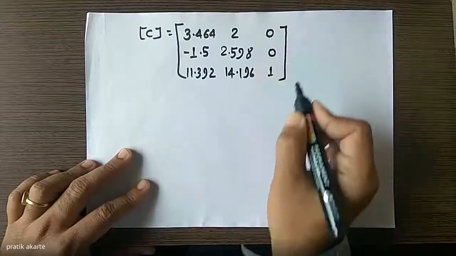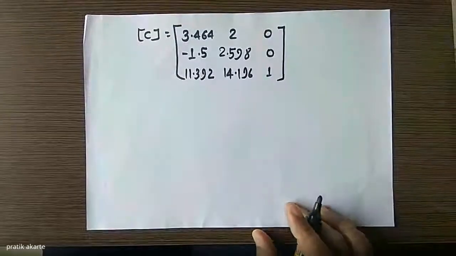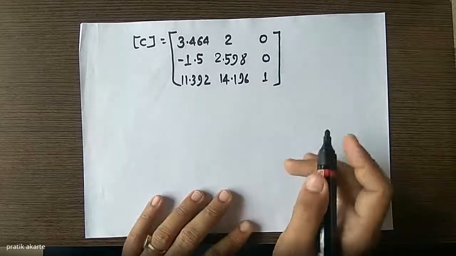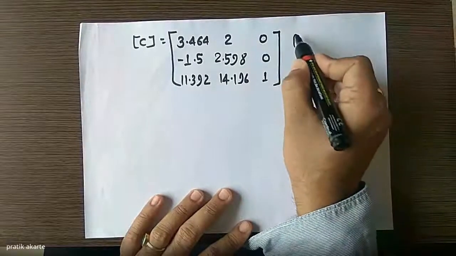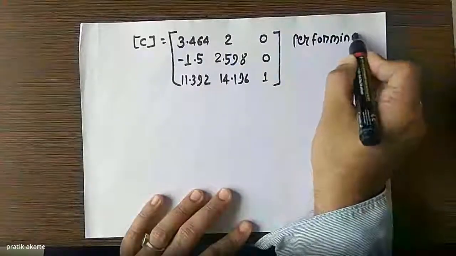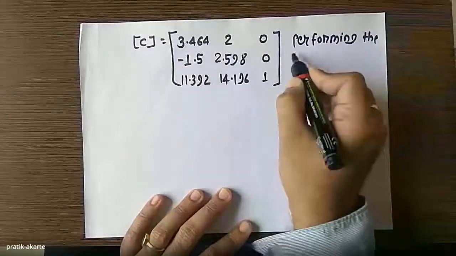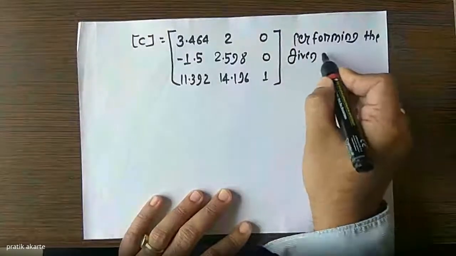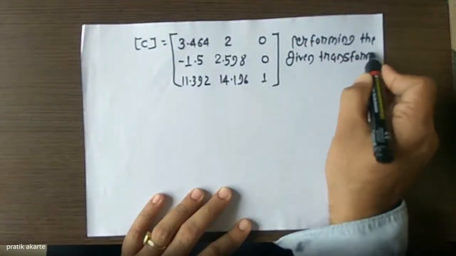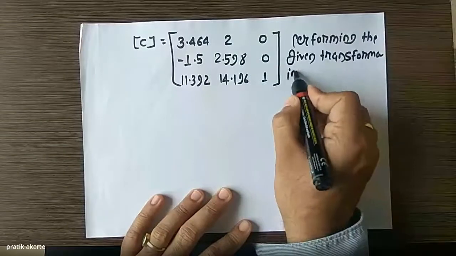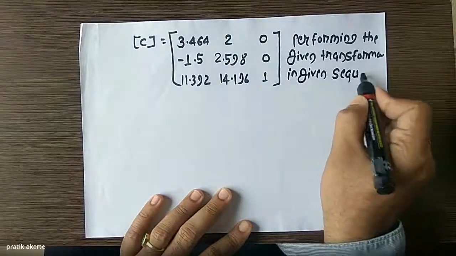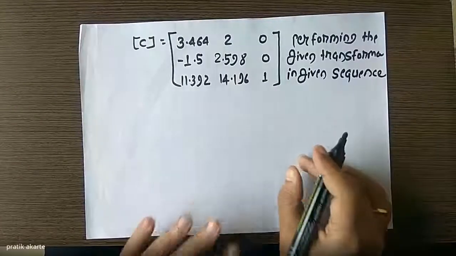So this is your composite or concatenated transformation matrix which you get by performing the given transformations in the given sequence. So this is the first part of the problem.